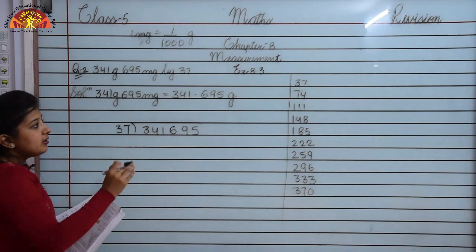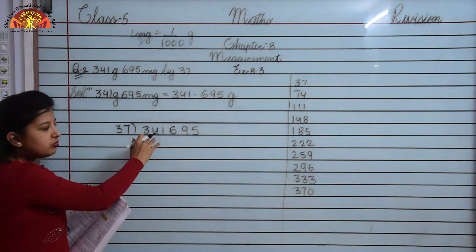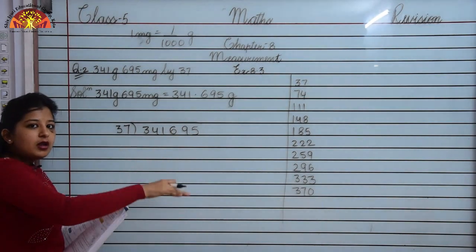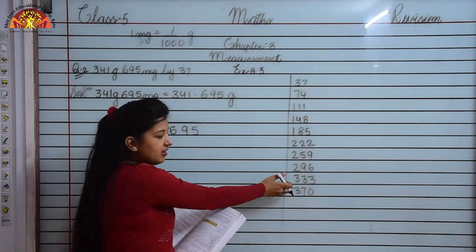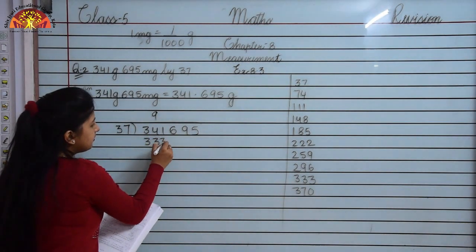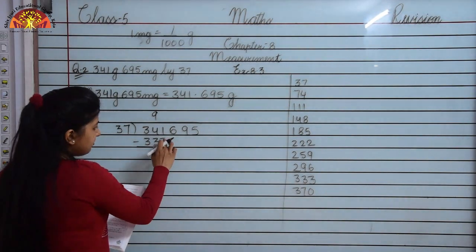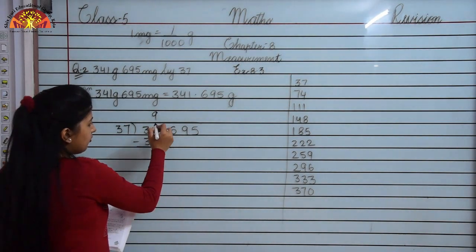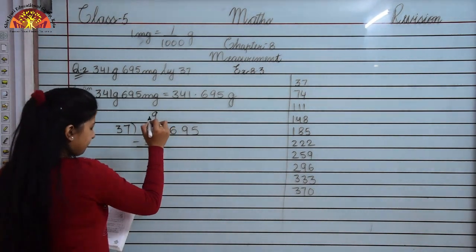Students, here in 37's table 341 does not come. So we will take just smaller number from this. So we will take 9's time, 37 nines are 333. Now we will subtract it. So 1 minus 3 is not possible, so we will borrow from it. So 4 become 3 and 1 become 11.